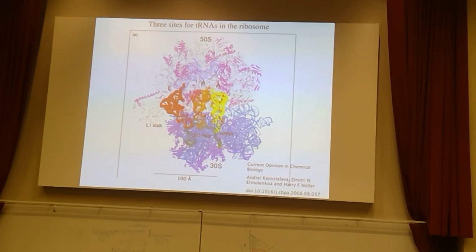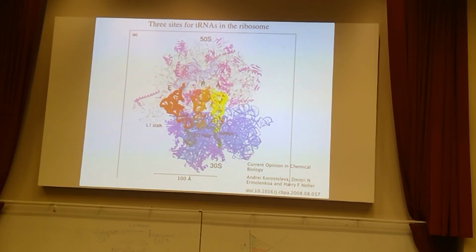We actually know exactly what the tRNAs look like as they sit in each one of these three positions. So this is the X-ray crystal structure of the prokaryotic ribosome. Here's our 50S and our 30S subunit, and here are the three sites in the ribosome: the A site, aminoacyl site, the P site, the peptidyl site, and the E site, the exit site.